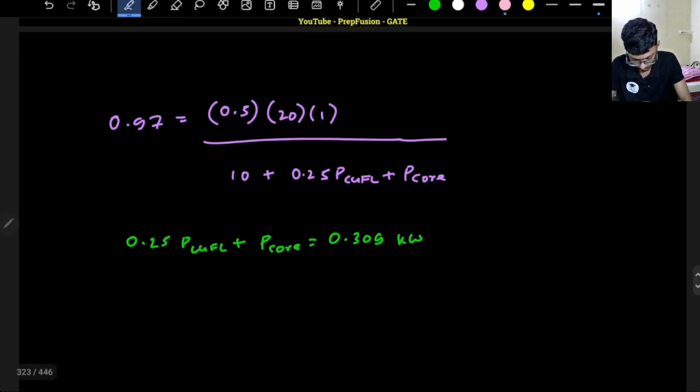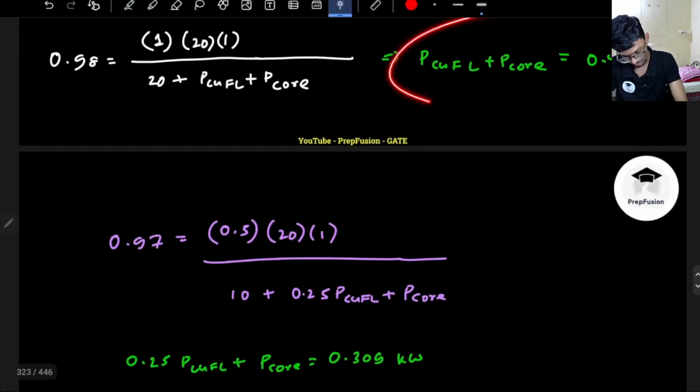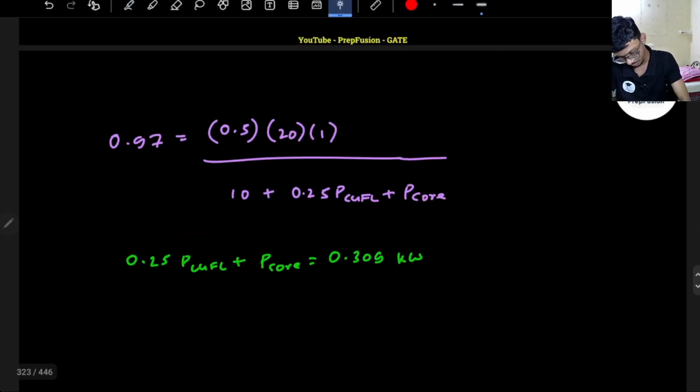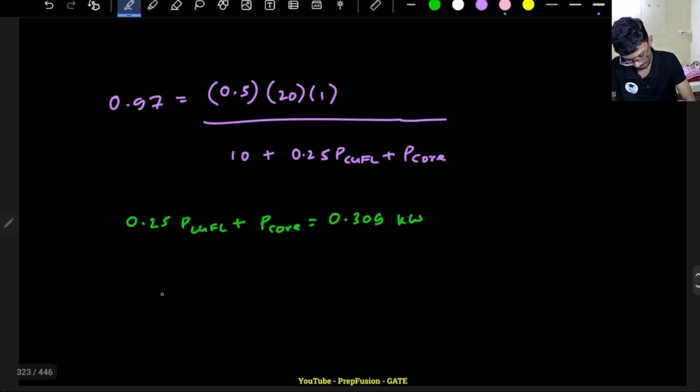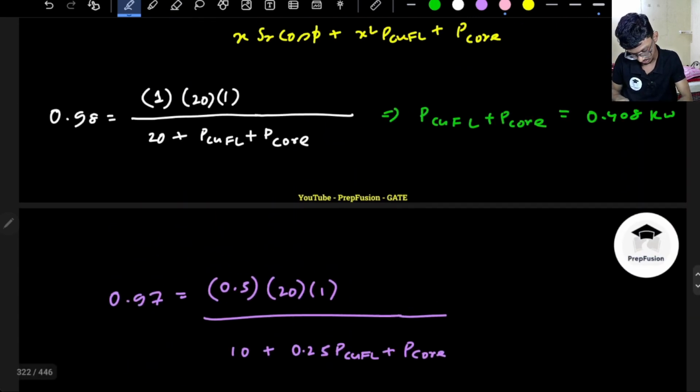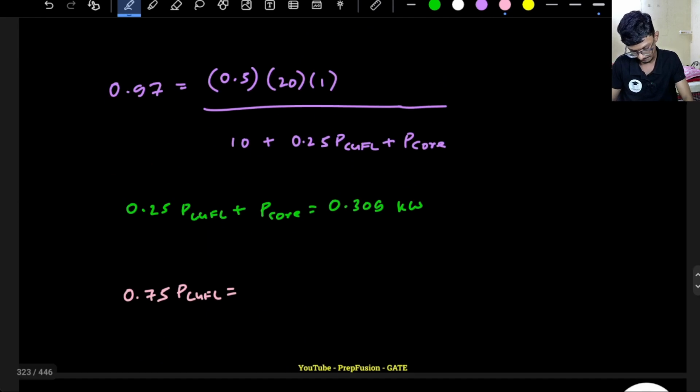Okay, so from here I can subtract these two equations, so I will get back my P_cu FL. So 0.75 P_cu FL will be basically equals to 0.408 minus 0.309, so 0.0987.